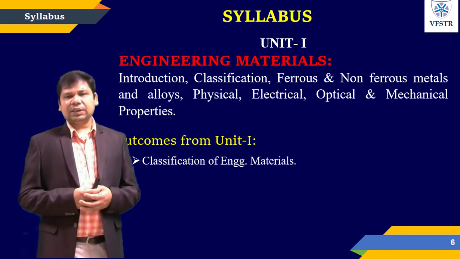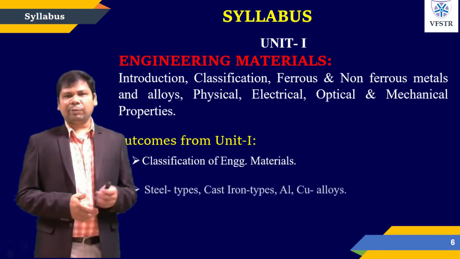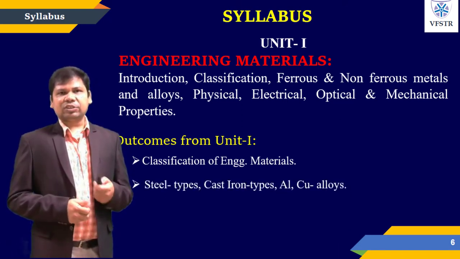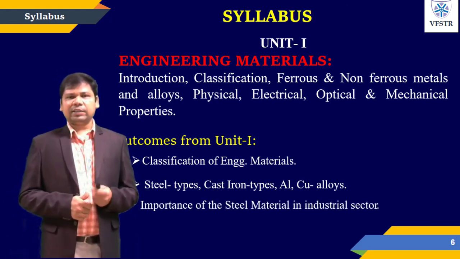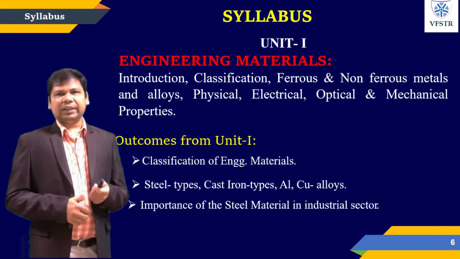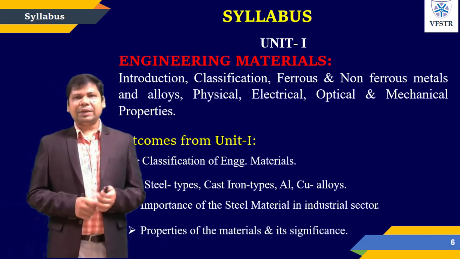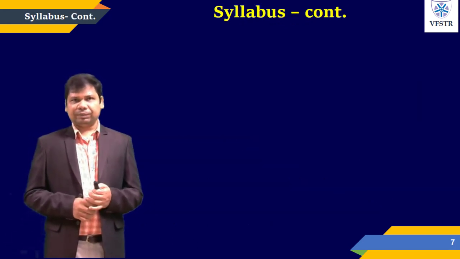Ferrous means iron is the major portion. I will talk about those things in the next video lecture. So the classification: cast irons, aluminum and copper alloys, and what the effect of steel material is in the industrial sector. And not only that, we are learning about the material properties and their significance. This is from the first unit.